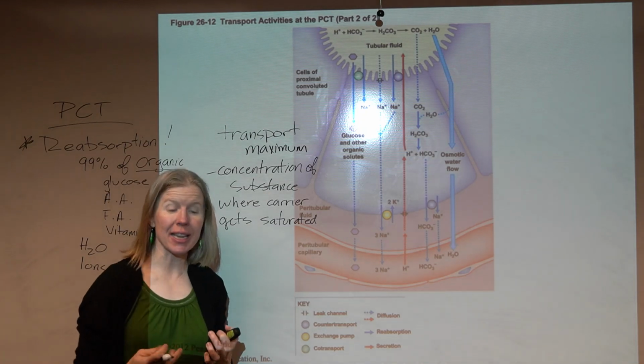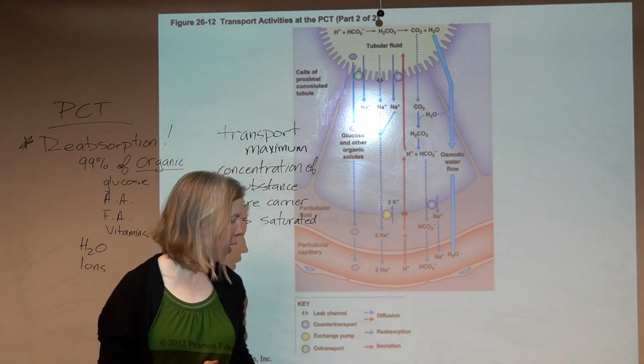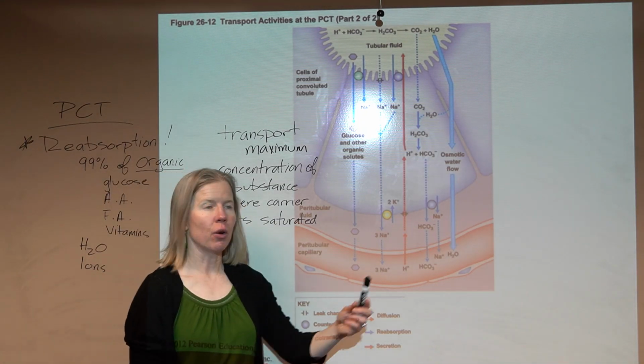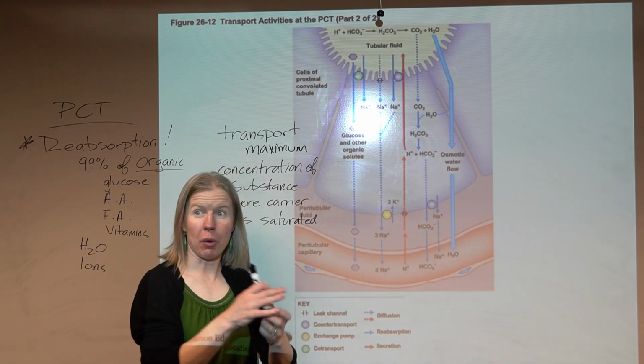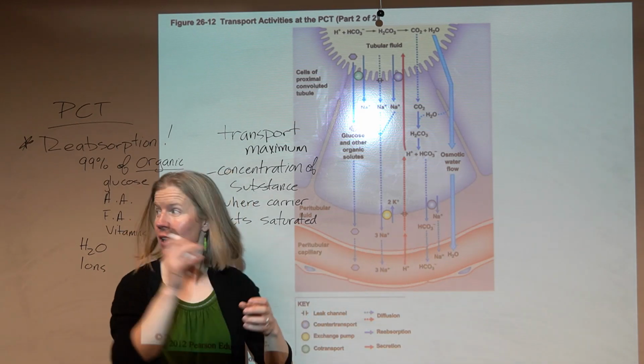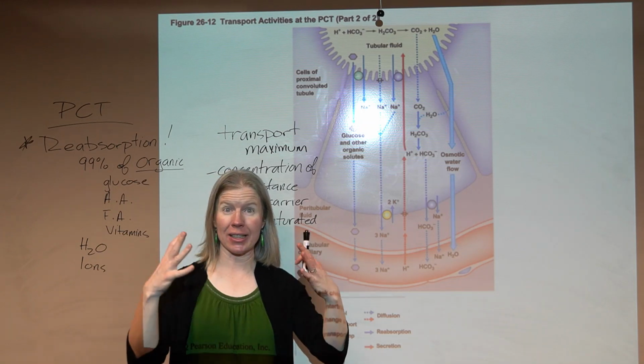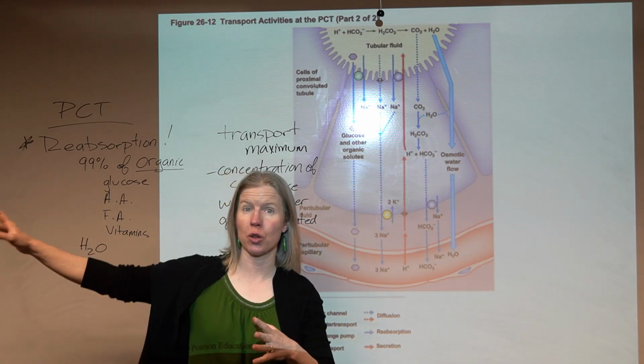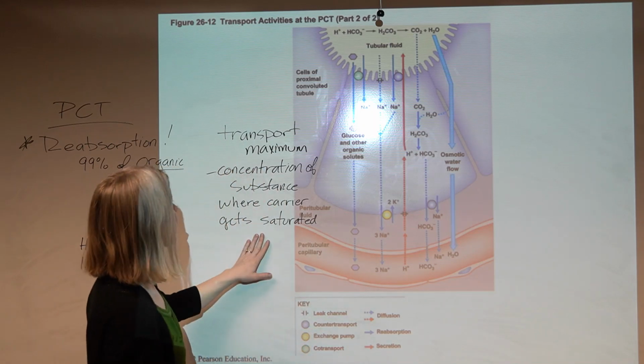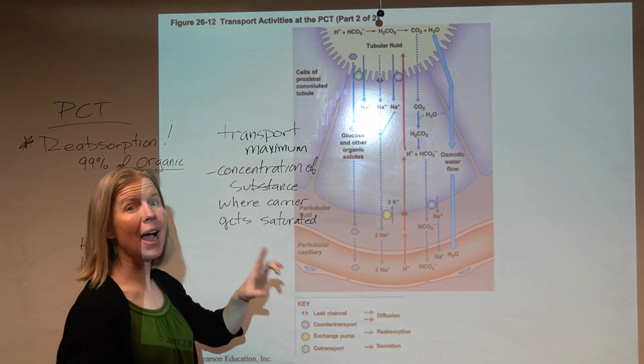Right, so it's much like an enzyme in that way. It's kind of like if someone was handing me markers and I'm handing them off, it's only so quickly I can do that. At a certain point I get saturated. I can only move so much of a substance, and so that is called the transport maximum.